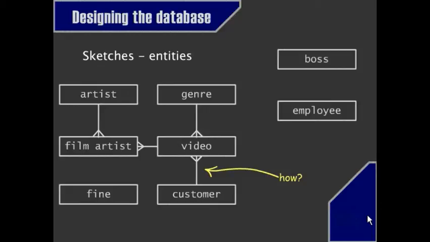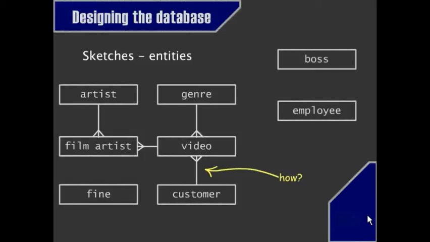Another problem arises here in that the video and customer relationship is also problematized. We may have several copies of a single video, something that is very likely to happen, given that a video shop does not necessarily want to have only one copy of any given video, especially new releases.